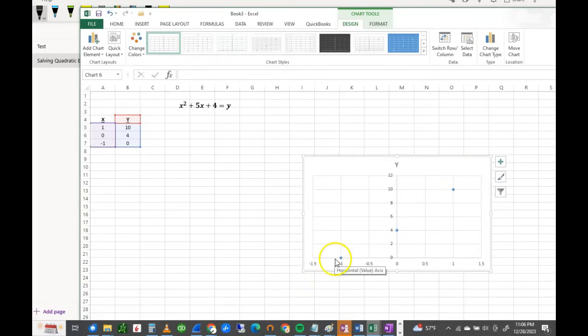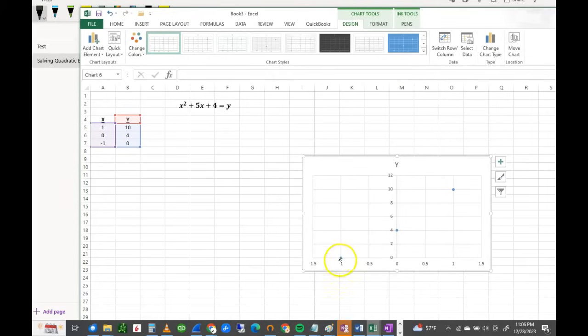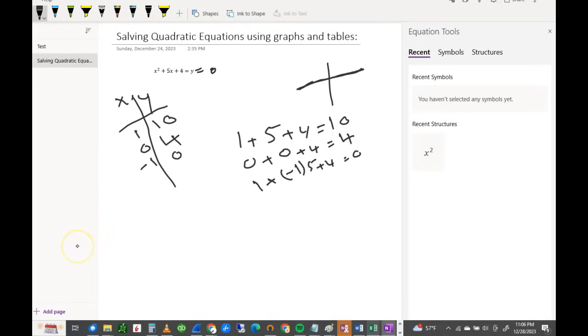So basically, if you connect these 3 dots, it looks like a U like this. So it sounds like it's going to keep on going up.